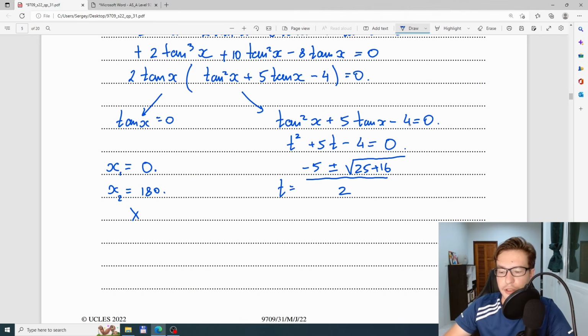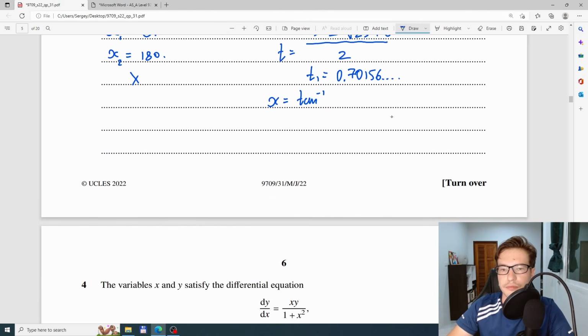If I take the plus sign, that will be 0.70156 and so on. But remember, t is tangent x. So I will have to take the inverse tangent of this. And that gives me 35.05.